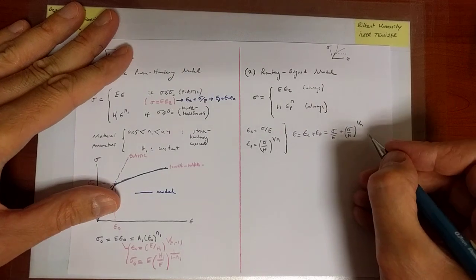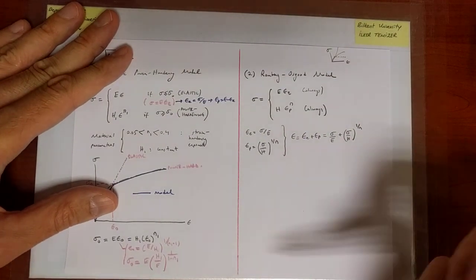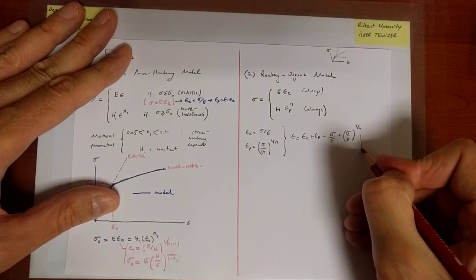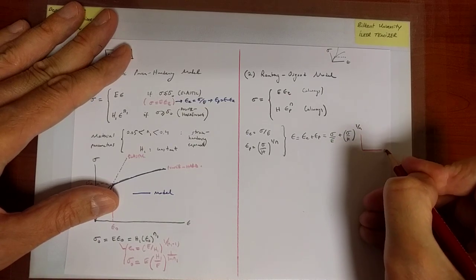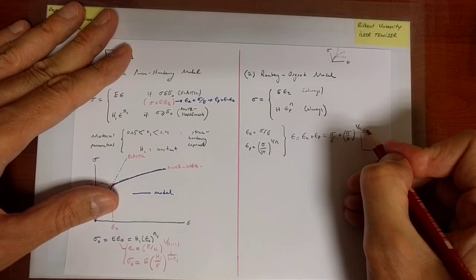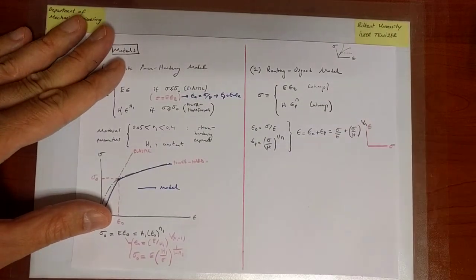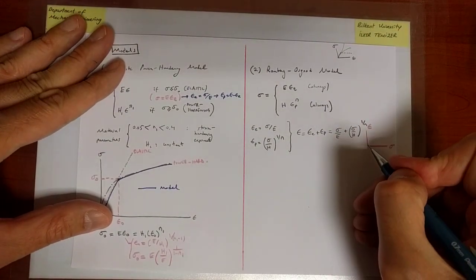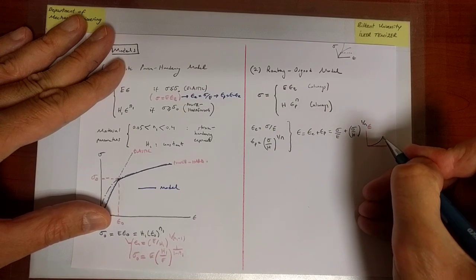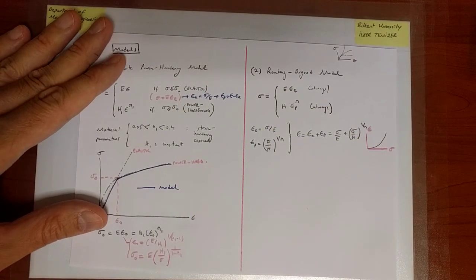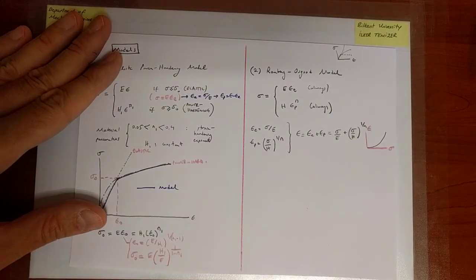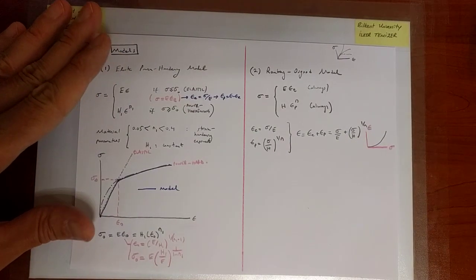It's still a functional relation, and in fact I can go ahead and plot that relation. So now not epsilon versus sigma, but rather sigma versus epsilon. Sigma is on the x-axis, and if you do that plot, what you will observe is that the plot will look like this. Okay, so that's exactly what that relation gives us.